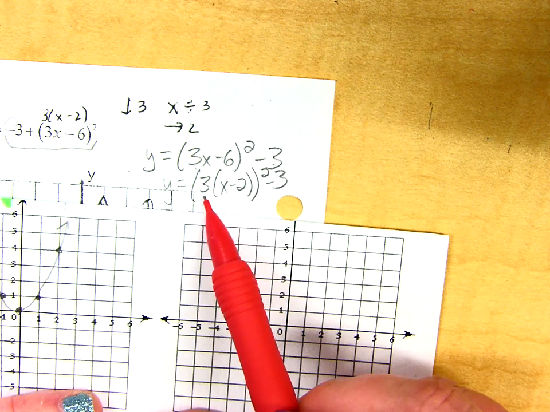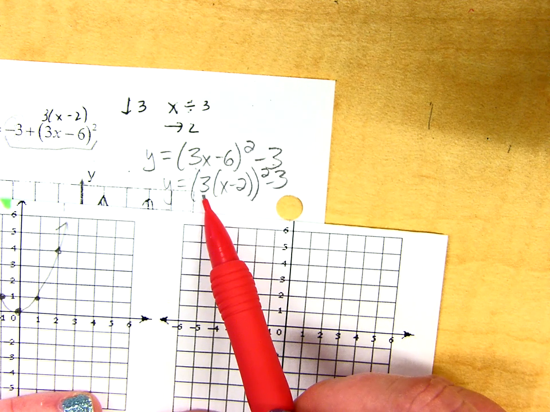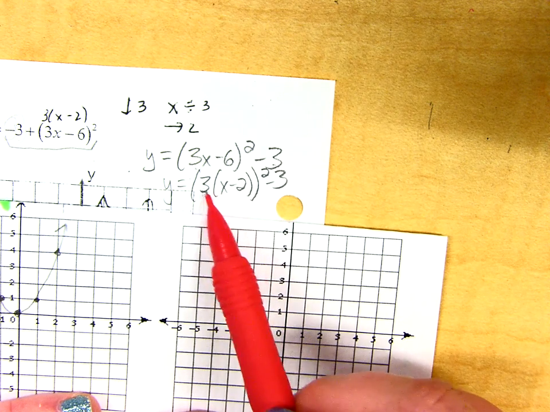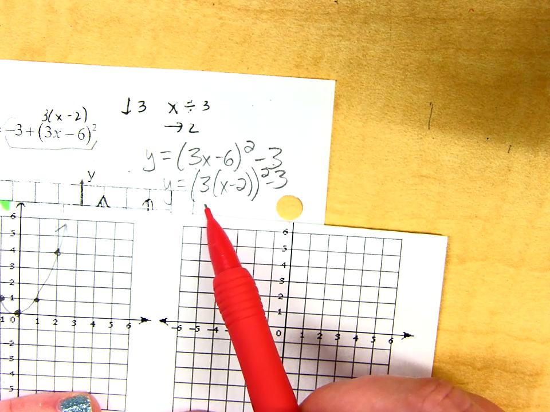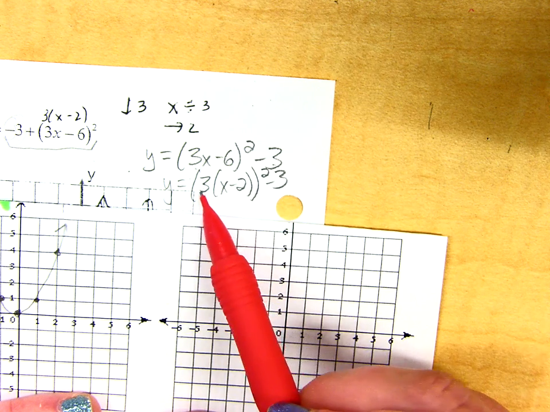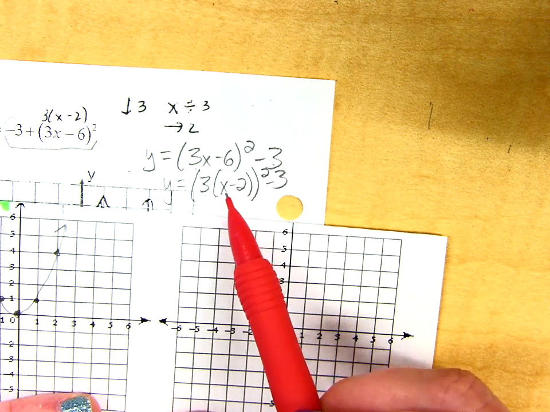So if it applies to x values, what does that really mean I'm doing? I'm going to divide what? All my x values by 3. Because right now that's 3 times x, but I want to do the opposite. So I want to divide by 3. Okay, so I'm going to take all of my x values and divide them by 3.